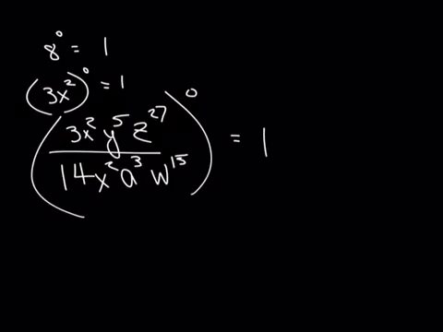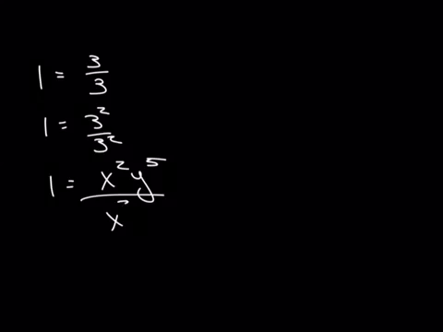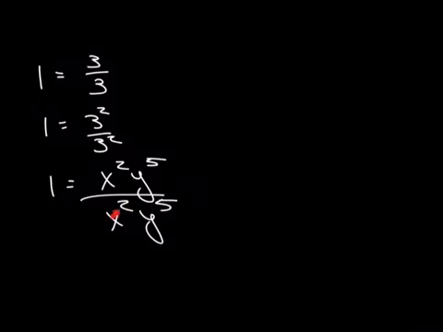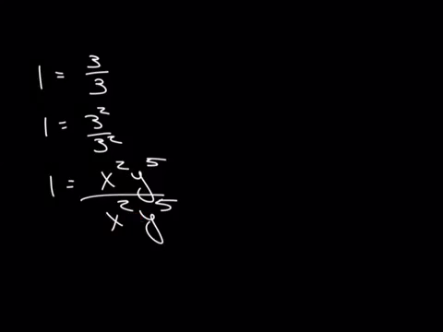Okay? So let me explain to you why that works. So let's start with 1. 1 is any number over itself, right? So whenever the numerators are the same as the denominators, we get 1, correct?